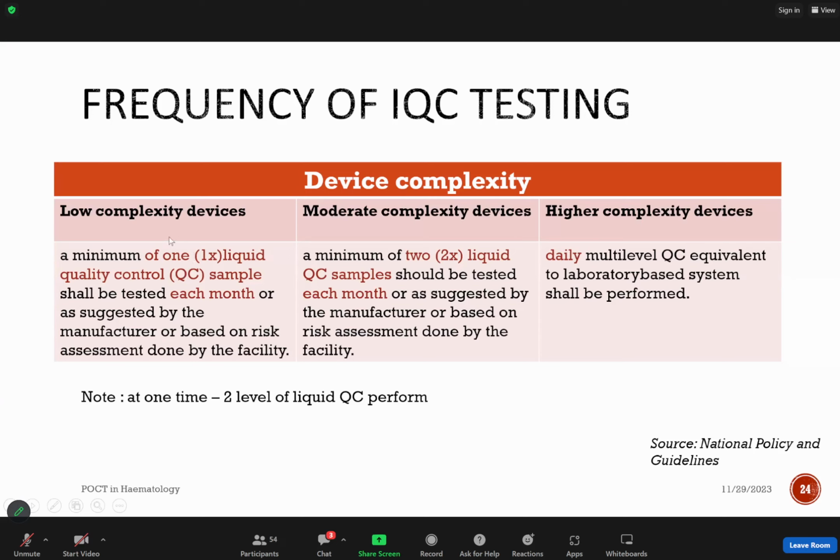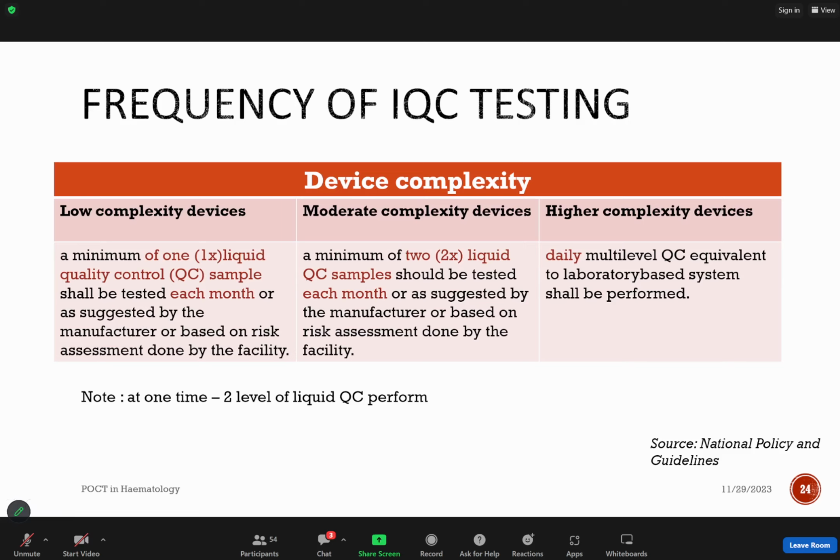They don't actually suggest liquid QC, but under our national guideline, we must run it at least once a month. Okay, but for some devices, manufacturers suggest running it every time you run the test.